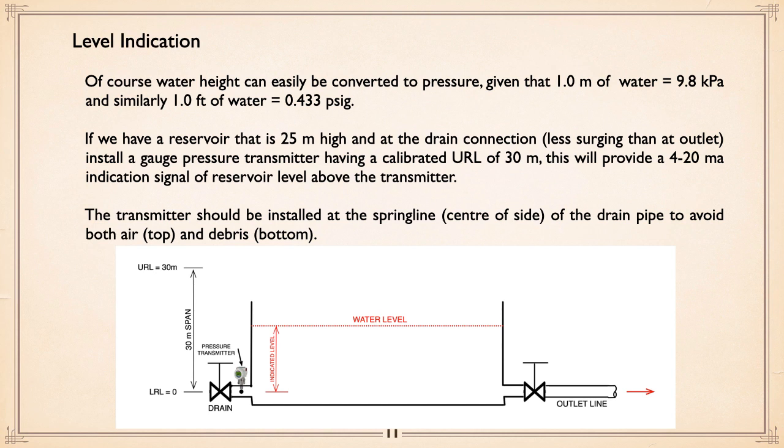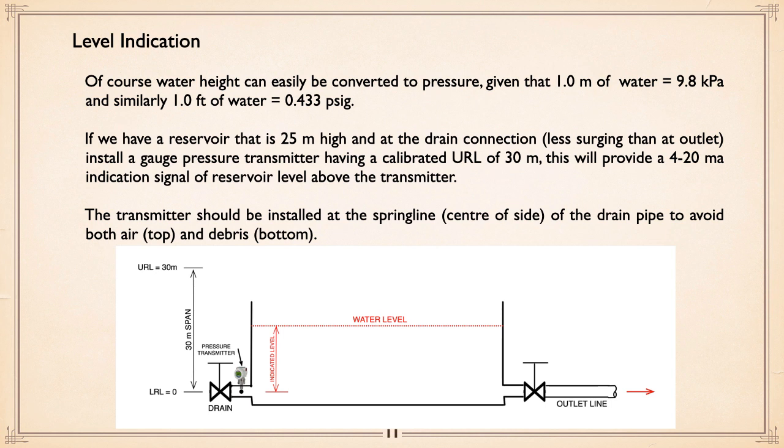Level indication. Water height can easily be converted to pressure, given that a meter of water is 9.8 kPa and a foot of water is 0.433 psi. If we have a reservoir that is 25 meters high and we tap into the drain connection, why do you do that? You don't want to use an outlet or inlet, because they will move as water is taken out of it and as water goes into it.